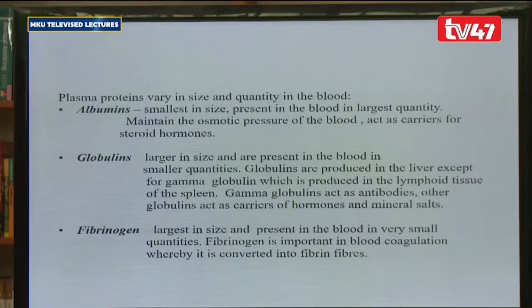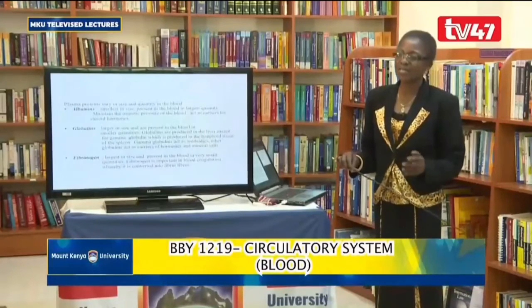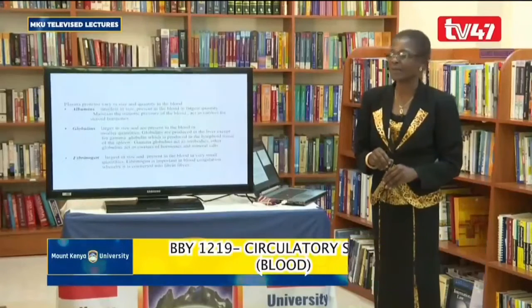Now, to go back to the plasma proteins that we talked about, that is the albumins, the globulins, and fibrinogen. They are all synthesized in the liver, which is a vital organ, and these plasma proteins vary in terms of size and also the quantities in which they are found within the plasma.